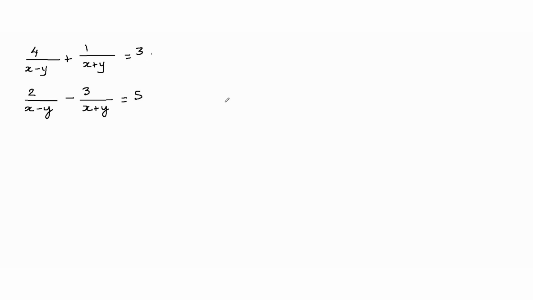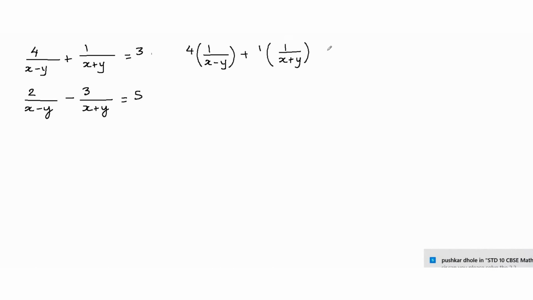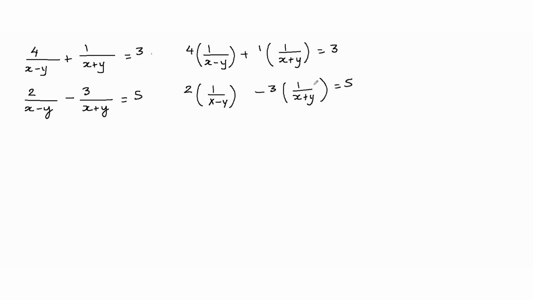So what I'm going to do now is, I will rewrite this as 4 times 1 by X minus Y plus 1 times 1 by X plus Y is equal to 3. And the second equation is 2 times 1 upon X minus Y minus 3 times 1 by X plus Y is equal to 5.